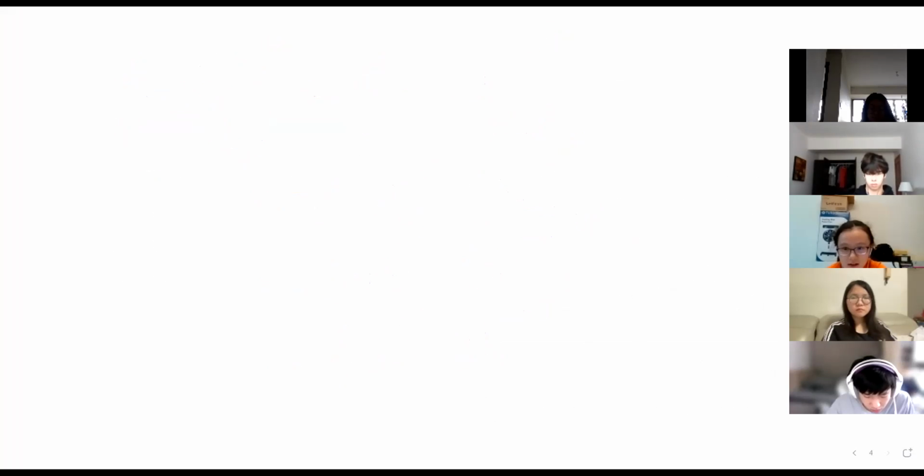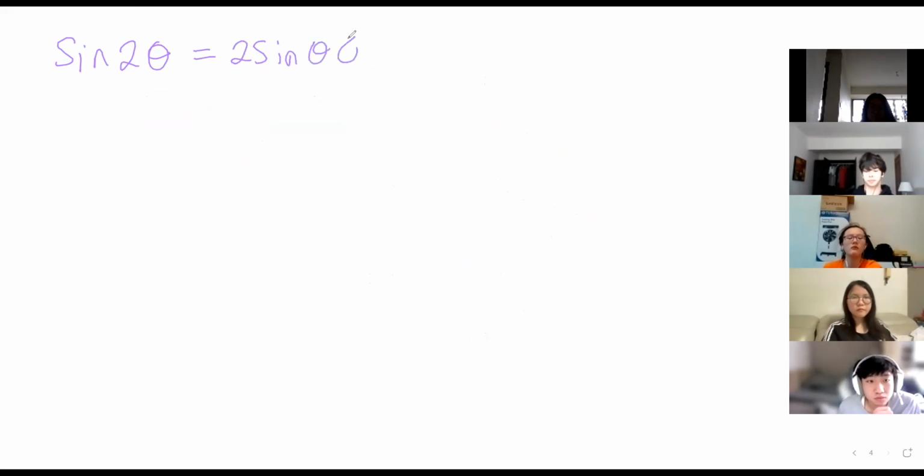There is something called the double angle formula. Sine 2 theta is equal to 2 sine theta cos theta. Let's check the formula booklet, topic 3. Everyone, look at the screen, please.